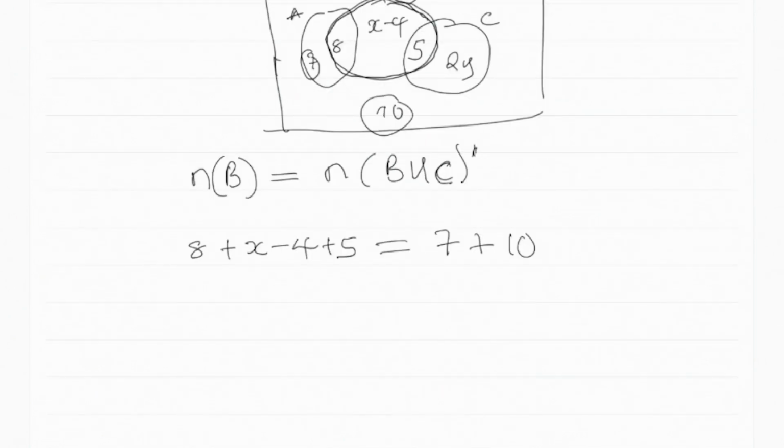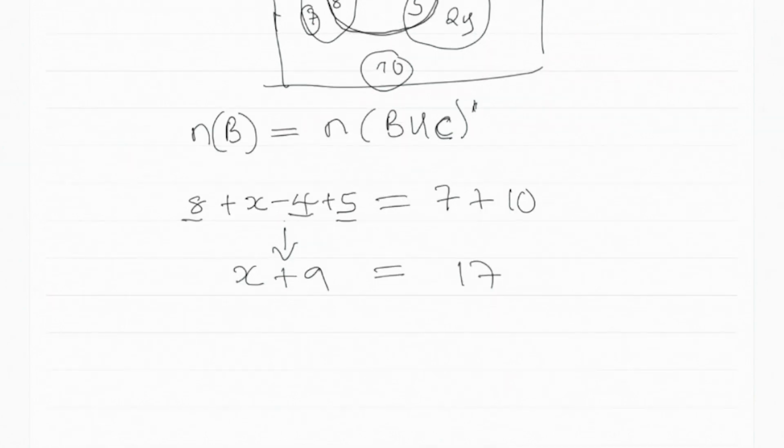So when we simplify here, we are going to have x plus 9 equals 7 plus 10, that gives us 17. I hope you are able to see how we have simplified this. We have added together the like terms, 8 minus 4 plus 5, and we get 9.